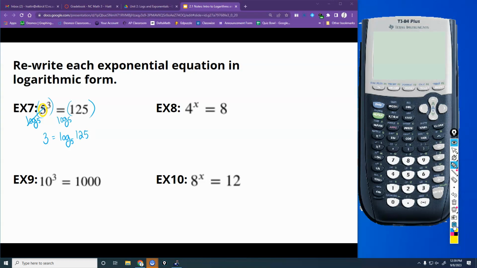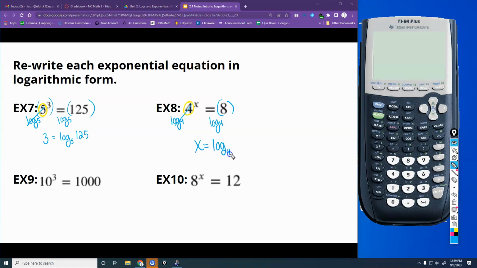Okay. Peyton, what's my base on number 8? 4. To get rid of a base of an exponent, we're going to do log base 4. On this side, it'll cancel out. Then we have to do log base 4 on the other side as well. So we got x equals, when you write this, this is a log.